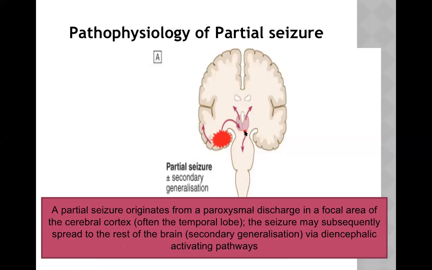So it will go to thalamus, and from there it may go to other parts of the brain. Just now I told you, if it doesn't go there, it will only lead to a partial seizure, like a simple partial or complex partial. But if it goes to the diencephalon, then it converts into a secondarily generalized seizure. That is the mechanism.